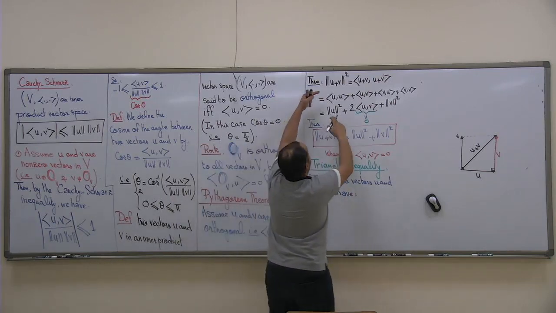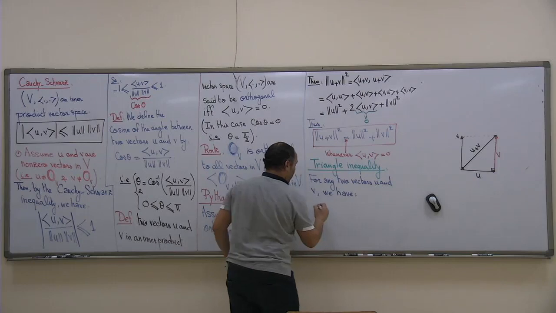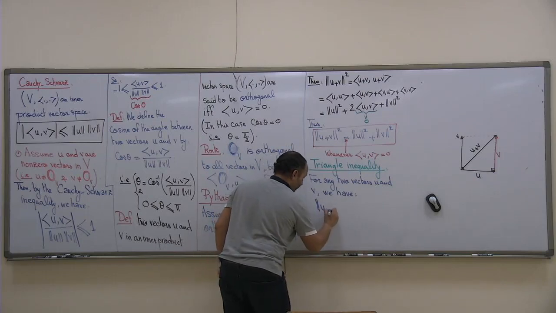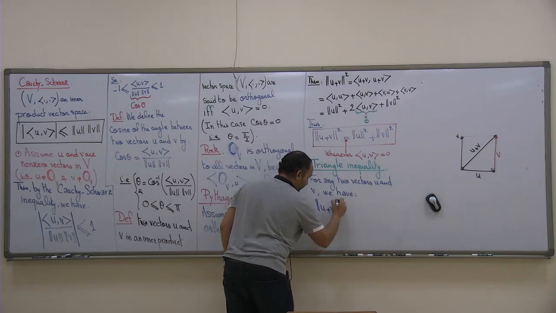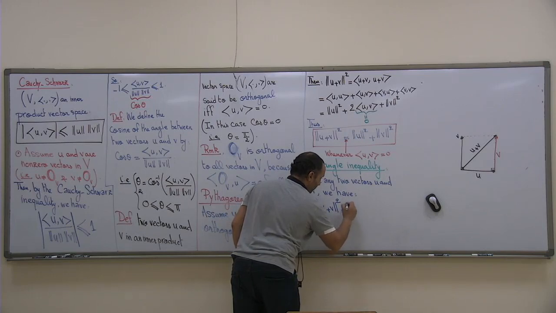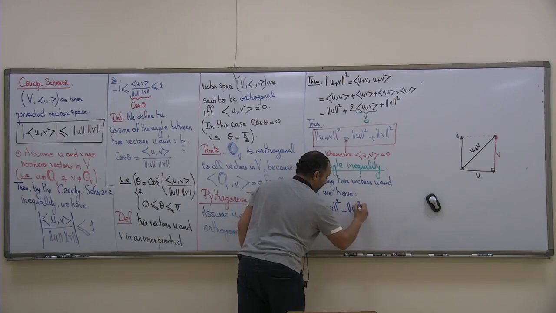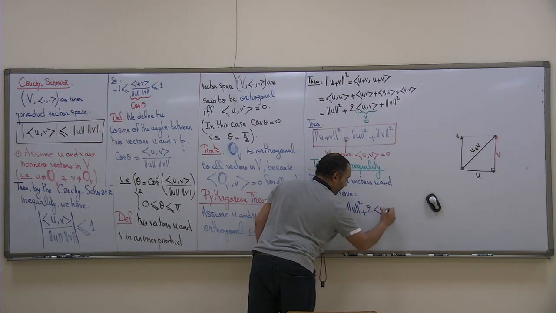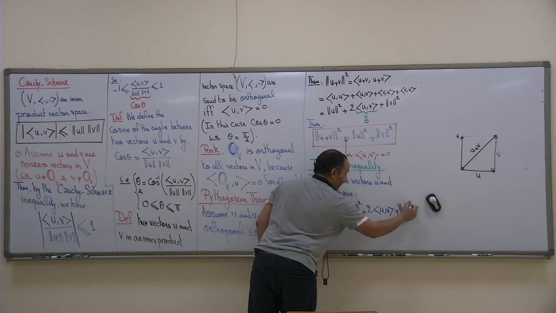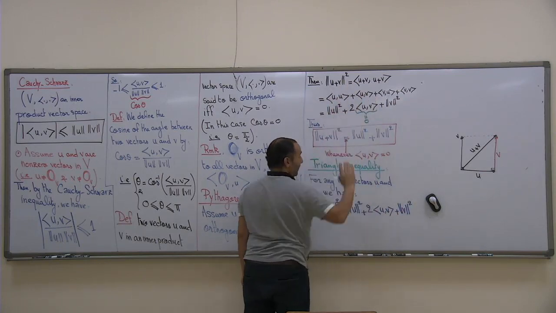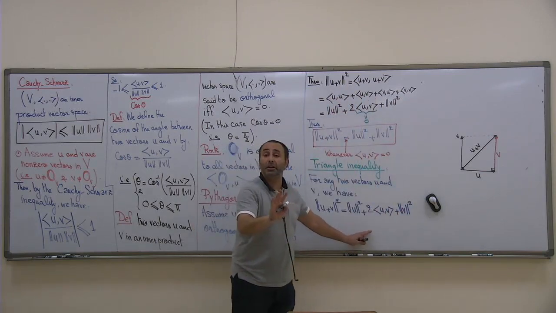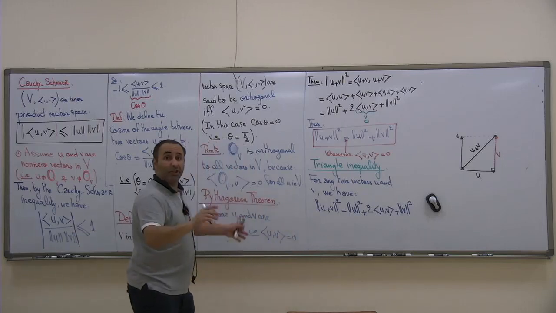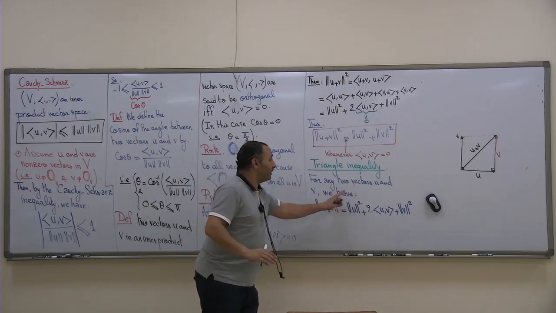I'm going to rewrite what I wrote here: the norm of u plus v all squared is equal to the norm of u squared plus 2 times the inner product uv plus the norm of v squared. I just computed things here, so we don't need u and v to be orthogonal. Just any two vectors u and v.